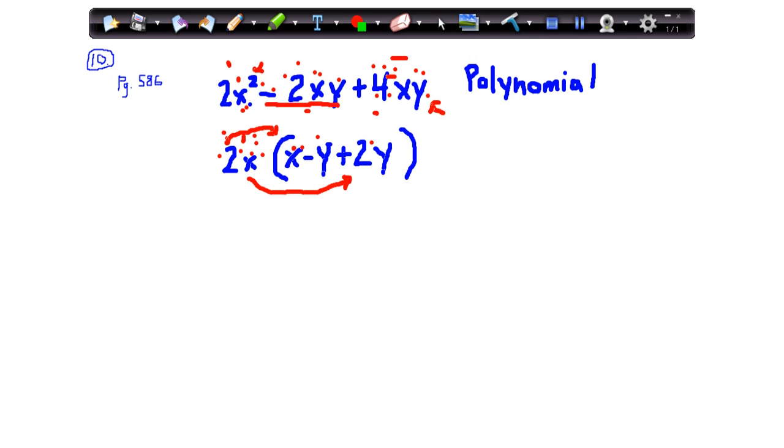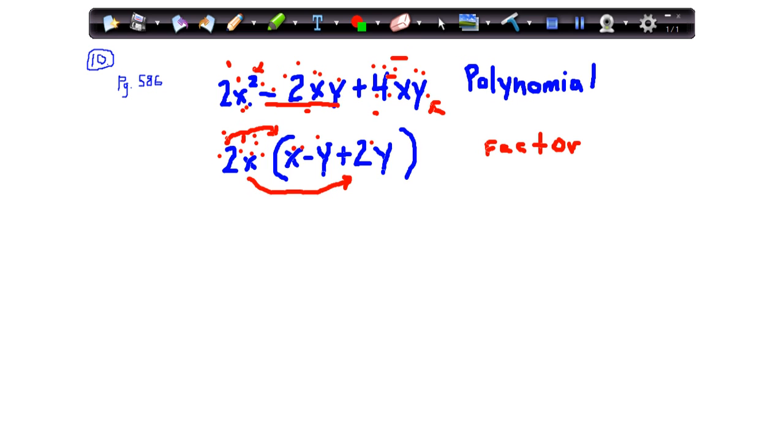So the first step was to factor, which we did. And then the next step will be to combine like terms.